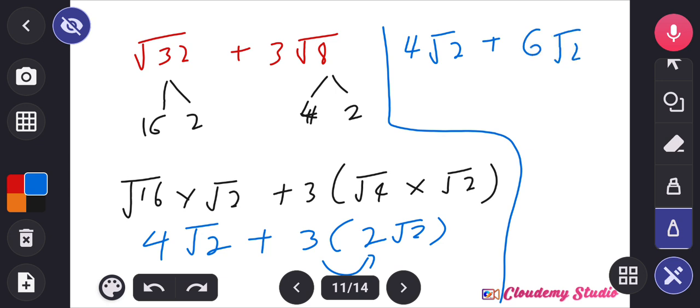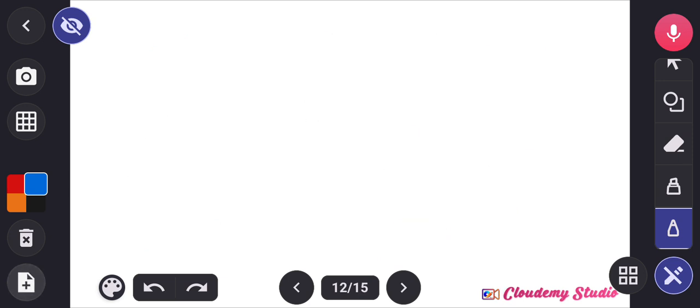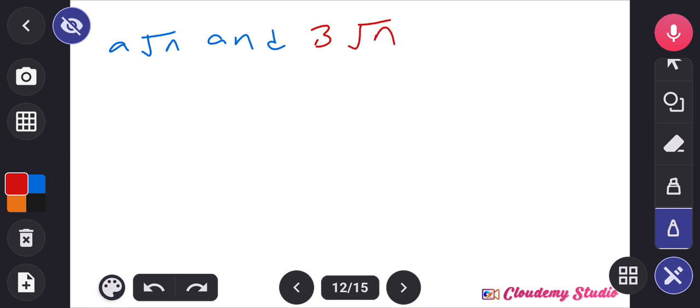Now, I forgot to mention something the other time. Whenever you want to add something like this, you have to understand there is one particular law that says, for example, a root n and b root n will give us a plus b root n.